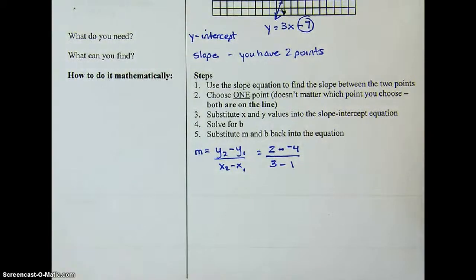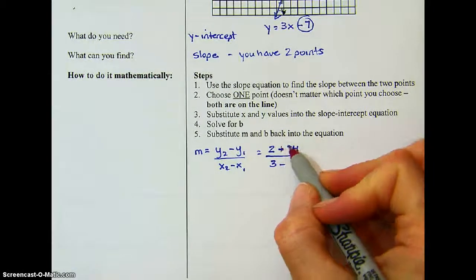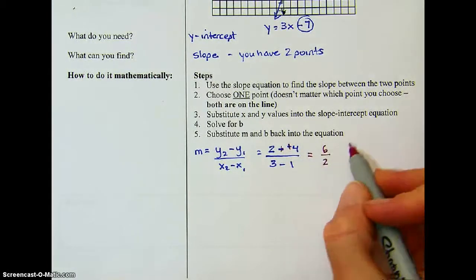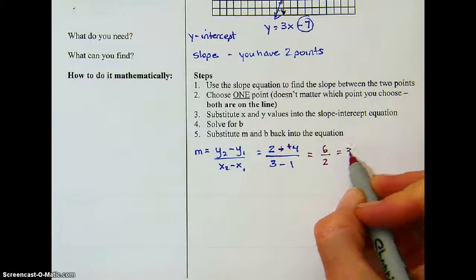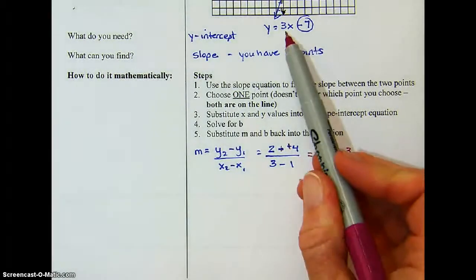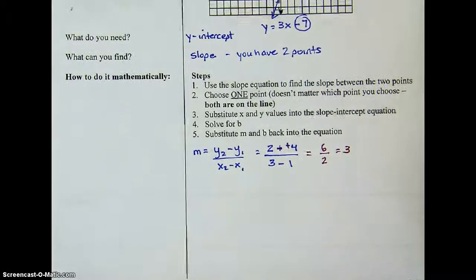Okay, and I know that my negatives are going to become positives, so that's going to give me 6 divided by 2, which is 3. So far, so good. We have a slope of 3. And we can see from our picture up here, that's exactly what we got.